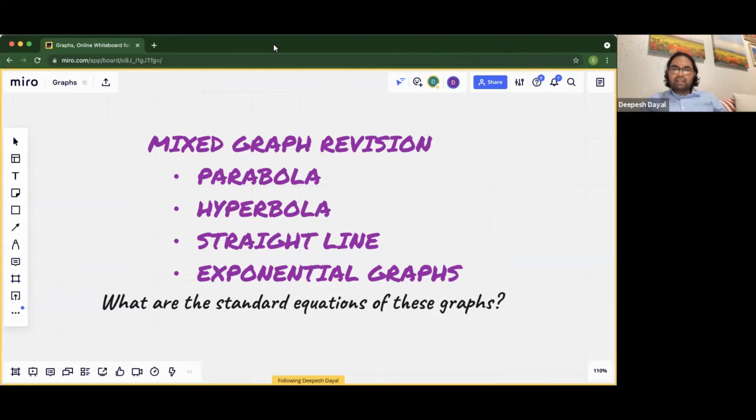It would be really great if we can all contribute. Okay, we've got Adam, ax squared plus q. Okay. Who else has a different equation?